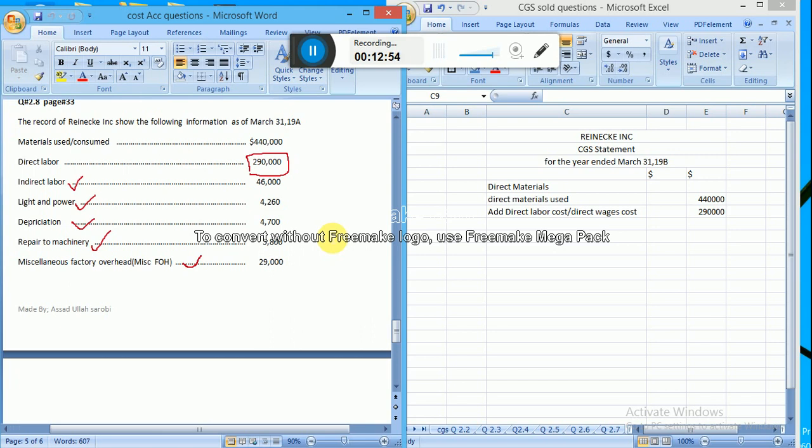But first, you must know about indirect labor. Indirect labor means labor that takes place indirectly in the manufacturing of the finished goods. For example, who will be indirect labor? Supervisor. That is indirect labor.